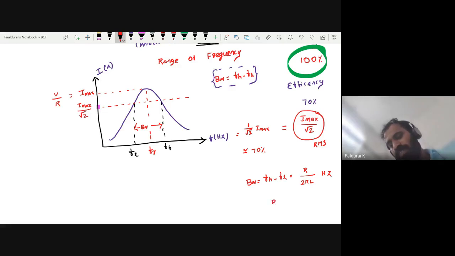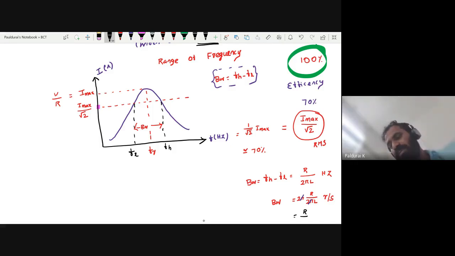Suppose bandwidth in terms of radian per second. What is the formula? You want to multiply with 2 pi. So 2 pi times R divided by 2 pi L will give you R by L radian per second.